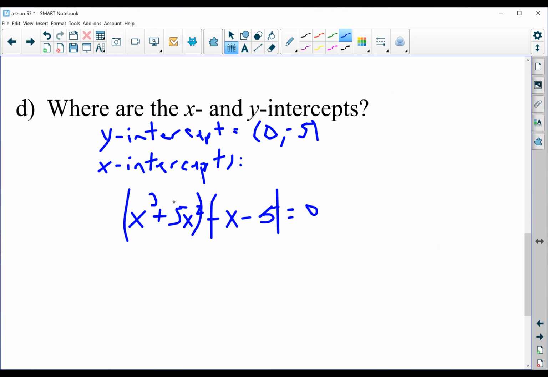Is there a common factor in x cubed plus 5x squared? There is a common factor of x squared.